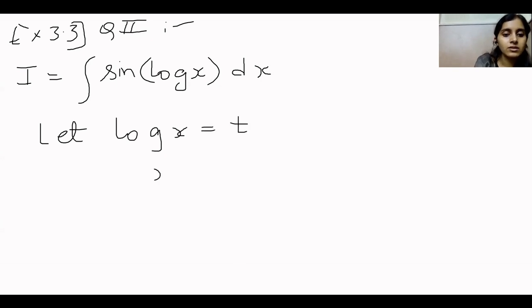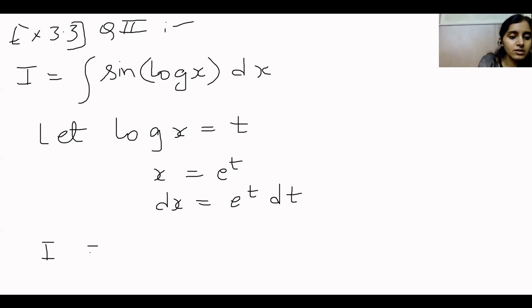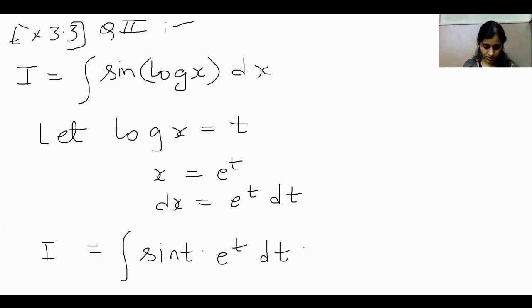So x is equal to e raised to t, and dx will be equal to again e raised to t only. So let us put I as integral of sine t into e raised to t dt, and this type of integral we have done before. So either you can use the formula or you can use integration by parts and solve the sum.